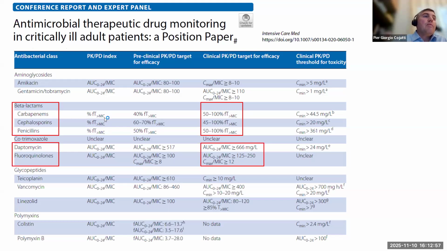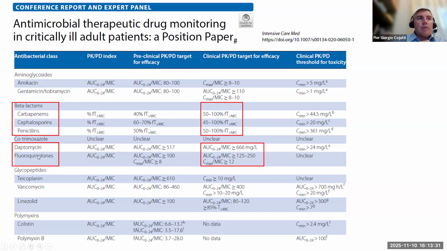If we look at beta-lactams, the target of efficacy for clinical efficacy, as you can see here, is a concentration 100% of the time during the dosing interval above the MIC, which means that extended or continuous infusion should be the correct way to administer these drugs.